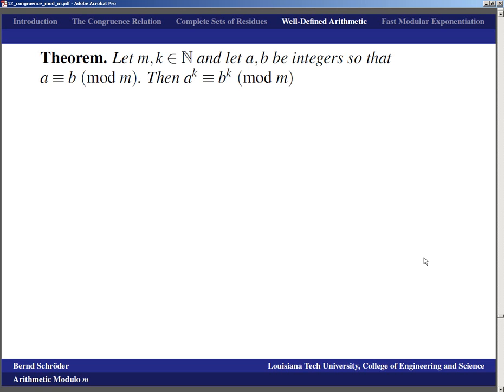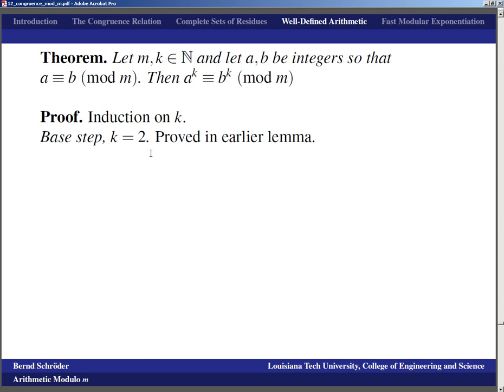Okay, well, so now we're starting to move towards modular exponentiation. Let m and k be natural numbers, and let a, b be integers so that a is equal to b modulo m. Well, then a to the k is equivalent to b to the k modulo m. And the proof is fairly simple. We do an induction on k. The base step k equals 2 was already proved earlier.